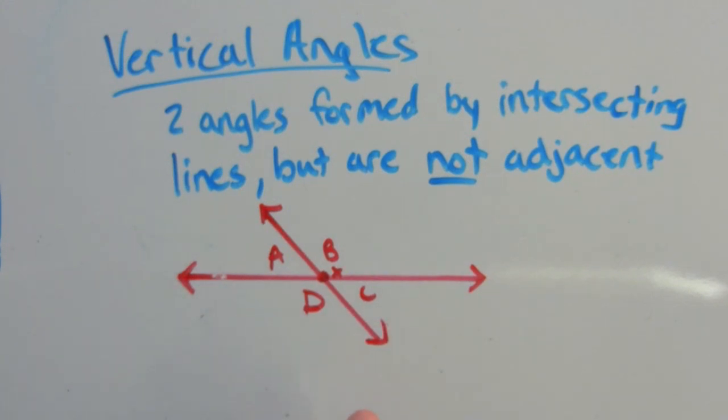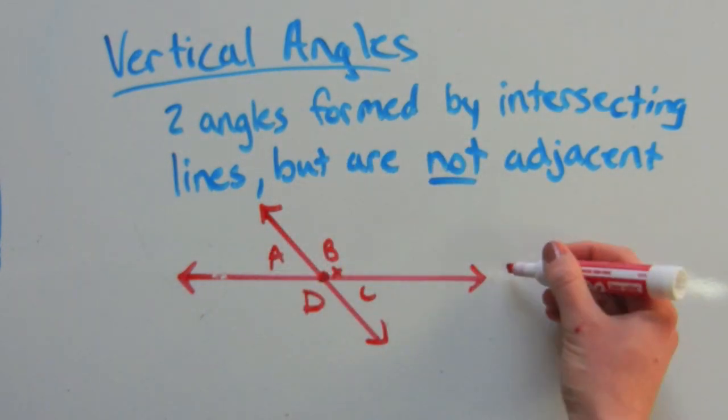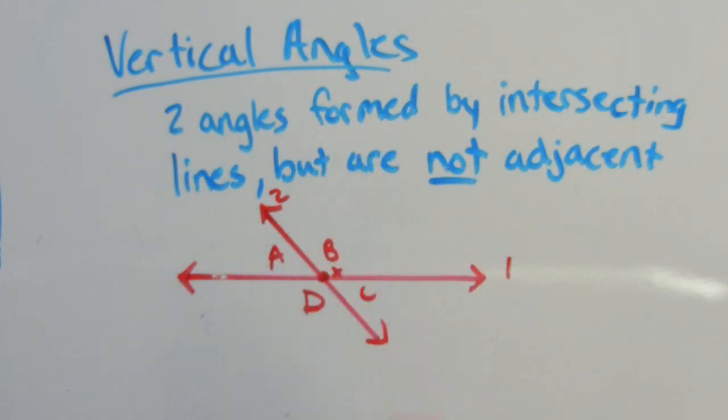So we're looking for 2 non-adjacent angles. That would be A and C. A and C share a common vertex, but they do not share any common side. Therefore, they do not fit the constituents for being adjacent. They are not adjacent, and they're formed by intersecting lines. So if this was line 1 and line 2.